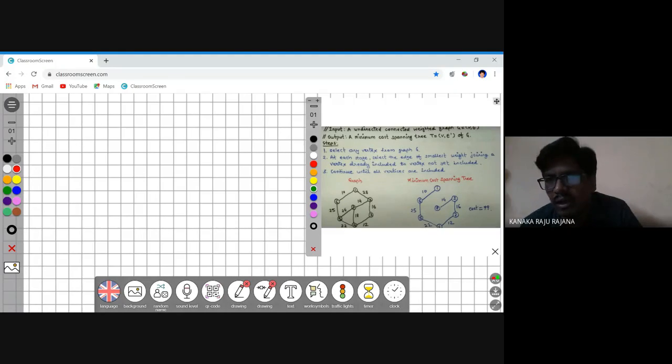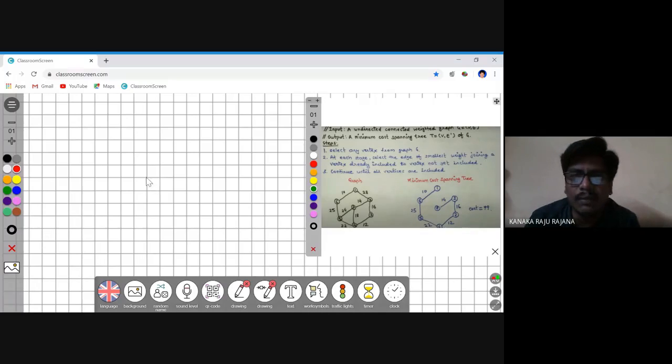That is the meaning of an undirected connected weighted graph. To this graph, we shall see how to find a minimum cost spanning tree using Prim's algorithm. In the meantime, please make a note of it in your running notes.